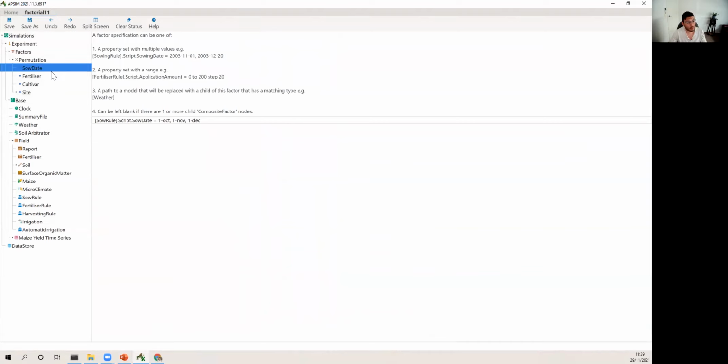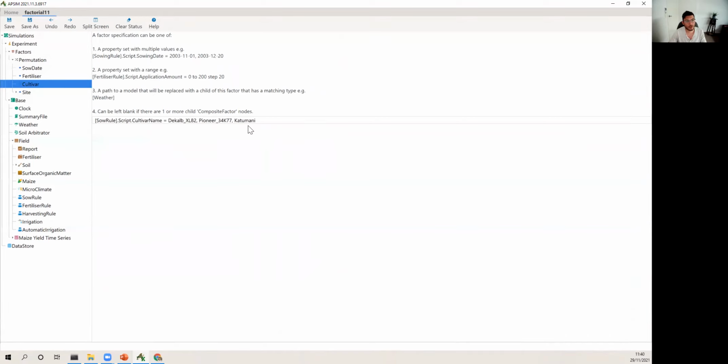If we look particularly at sowing date, you will see 3 levels: 1st October, 1st November, and 1st December. So we are talking about maize here. In terms of nitrogen fertilization, you will see 3 levels: 100, 150, and 200 kilos of nitrogen at sowing as a nitrogen fertilizer.